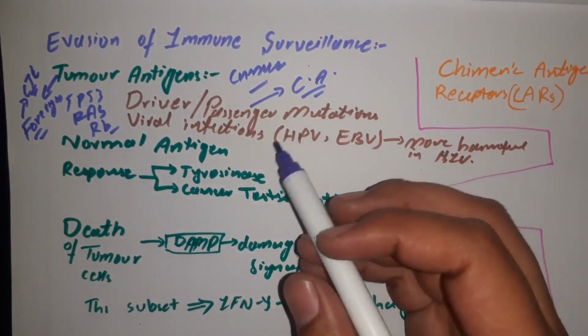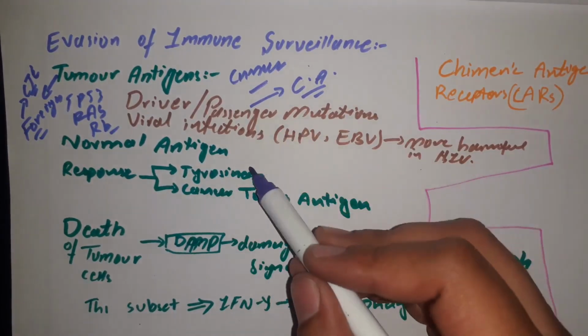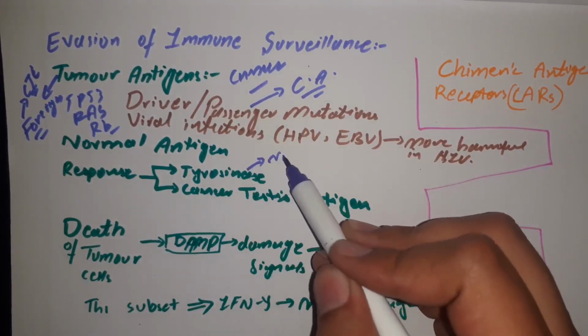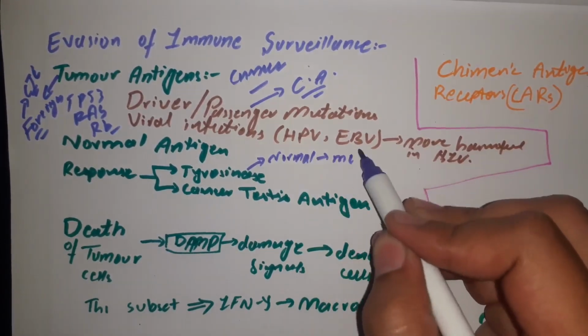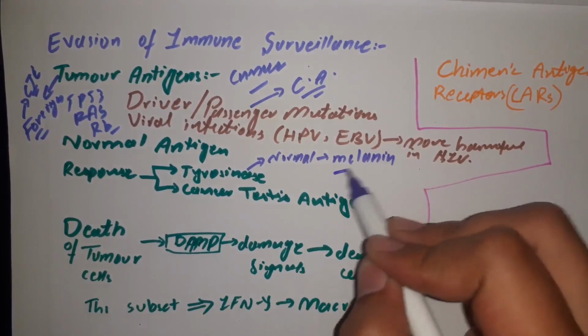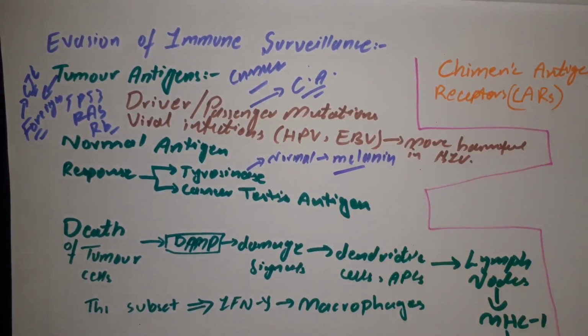For example, sometimes this immune response can occur against tyrosinase, which is a normal enzyme present in the melanin producing cells. However, it is not normally recognized by the immune system. However, with certain carcinogenic agents, even this normal antigen is produced in increased amounts, and it can be recognized by the human immune system, and the cytotoxic T cell response can occur against this.